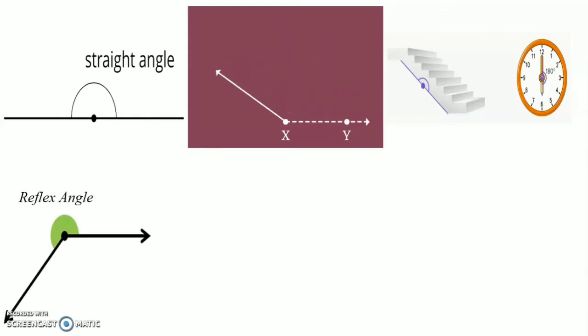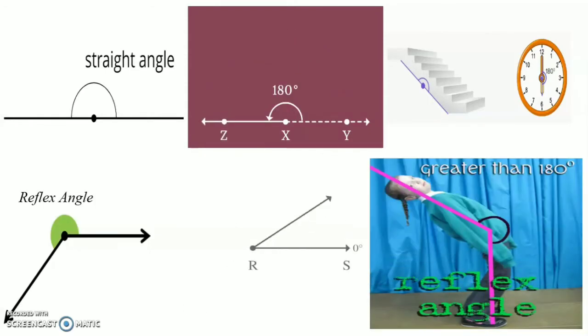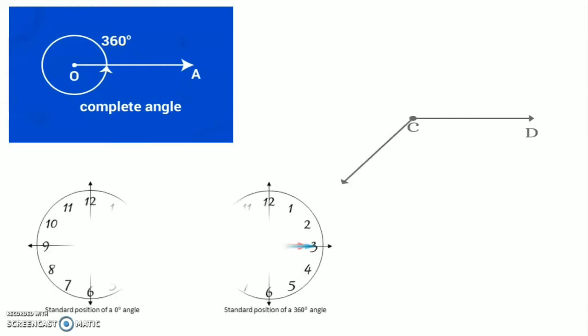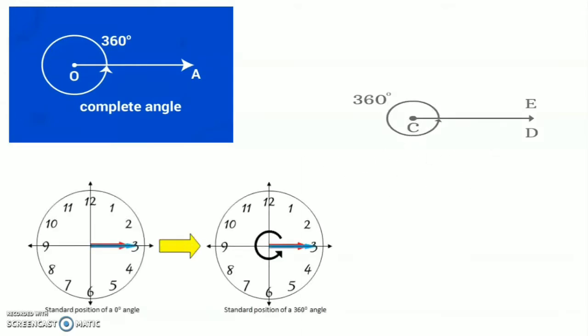Next is the reflex angle, the angle which is greater than 180 degrees but less than 360 degrees. And finally, an angle which completes one whole round and comes back to its original position, that is the full or complete angle, which measures 360 degrees.